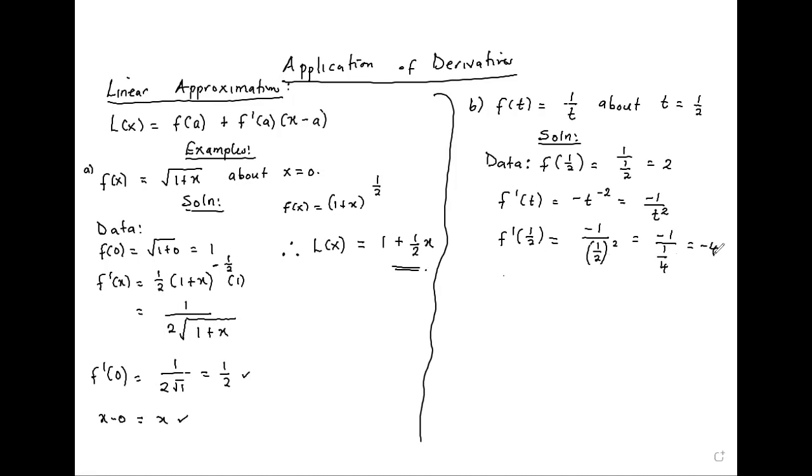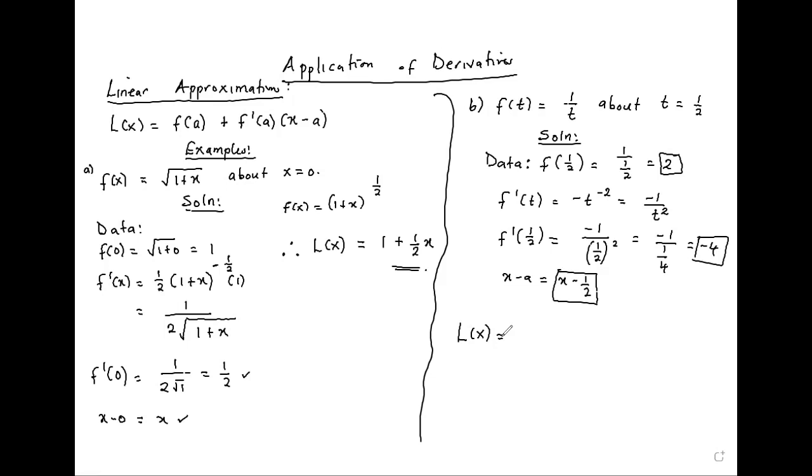And then x minus a is simply x minus half. So we have collected the necessary data for us to be able to answer our question. Then now we go and say, okay, so the linear approximation of f about t is equal to half.